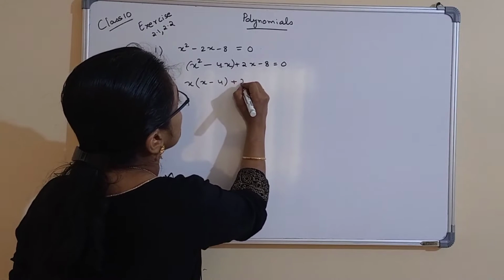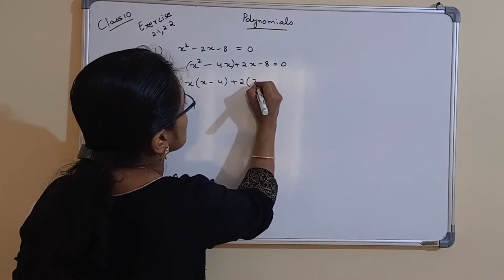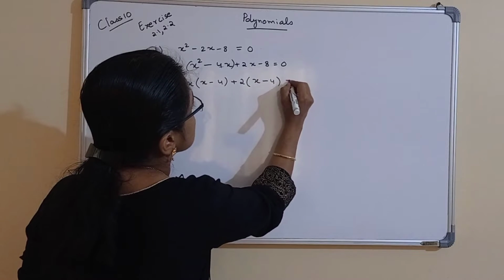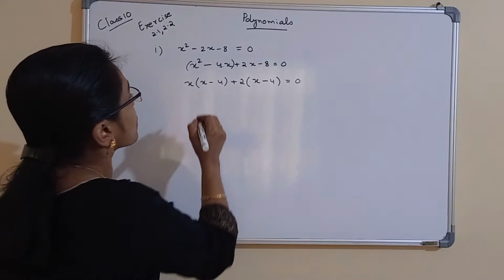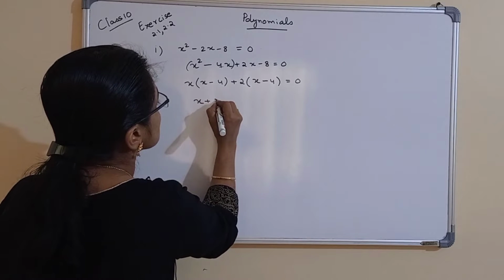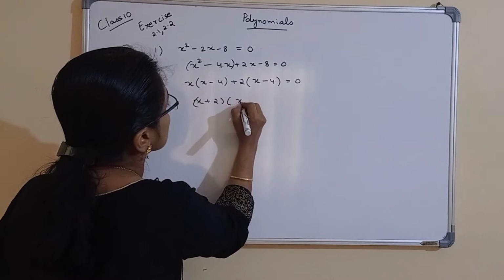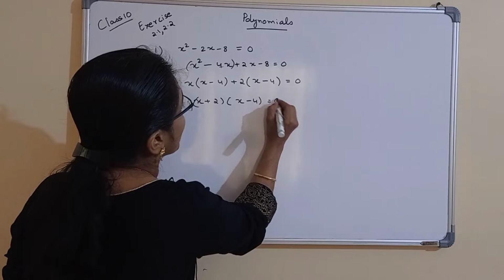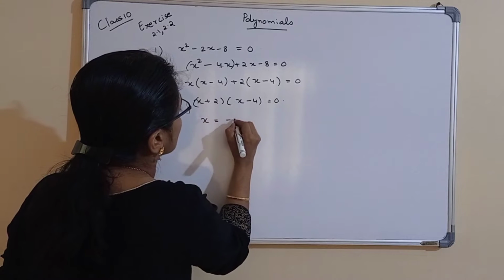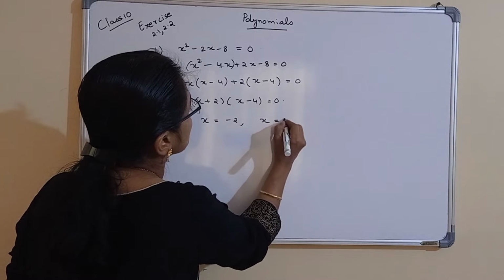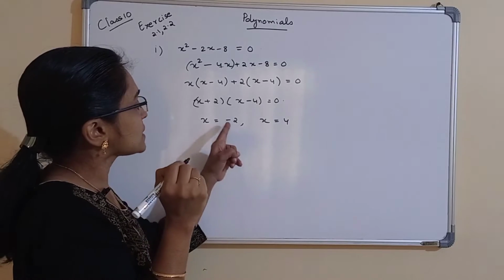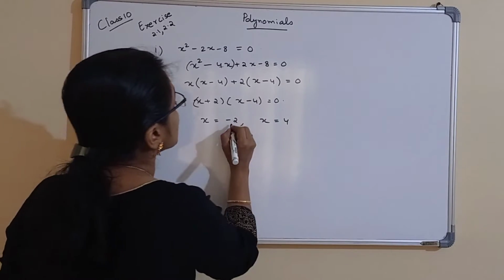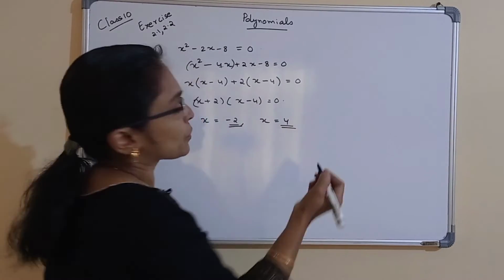We can take 2 out from both these terms, so we'll get x minus 4 equal to 0. Which means x plus 2 into x minus 4 equal to 0, and that means x equal to minus 2 and x equal to 4 are the zeros. That is, minus 2 and 4 are the zeros of this polynomial.